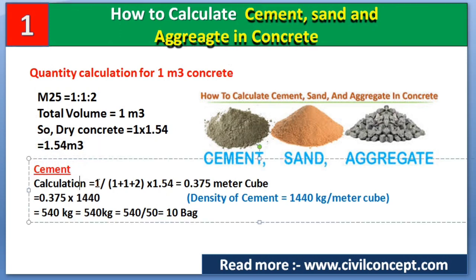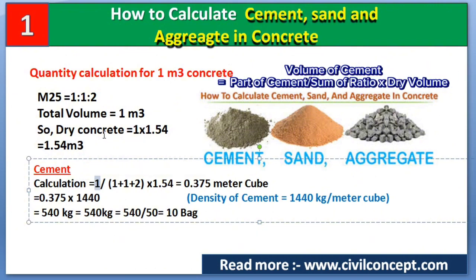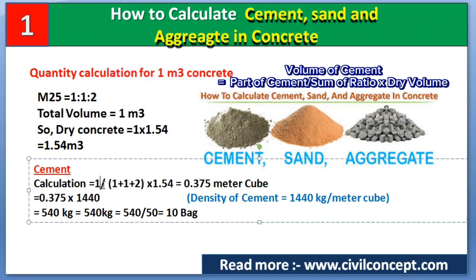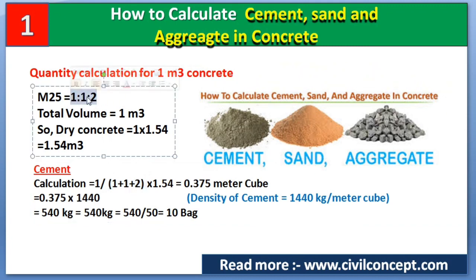The calculation will be 1, this is the part of cement, divided by the total sum of the mix. Here you can see 1:1:2 for M25 grade of concrete.